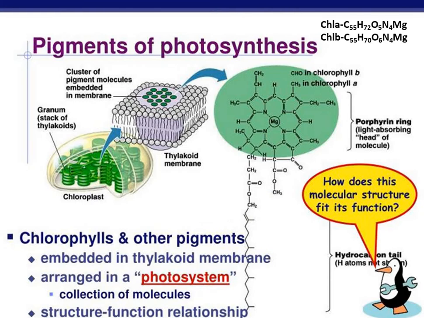Structure of the chlorophylls. Chlorophylls are green pigments. Chlorophylls are magnesium porphyrin compounds. The molecular formula of chlorophyll A is C55H72O5N4Mg, and that of chlorophyll B is C55H70O6N4Mg.